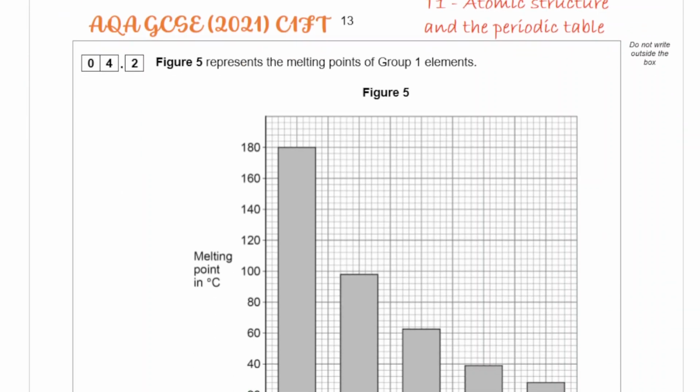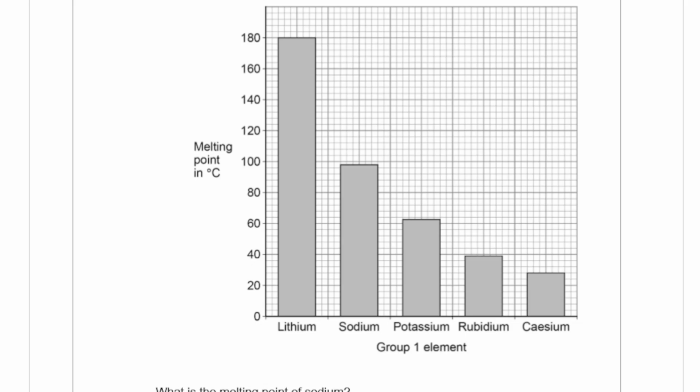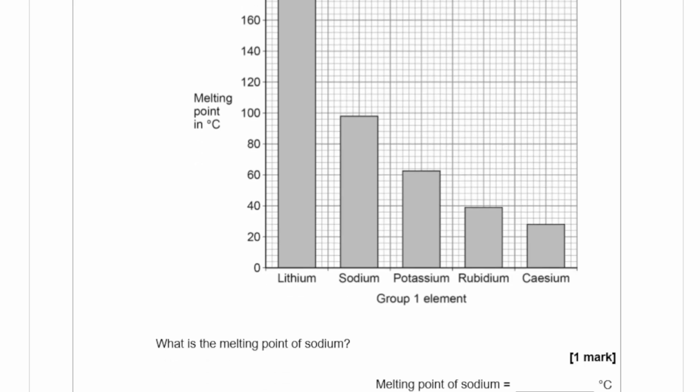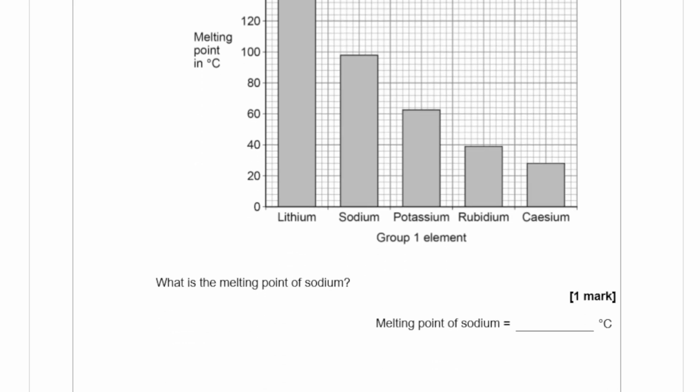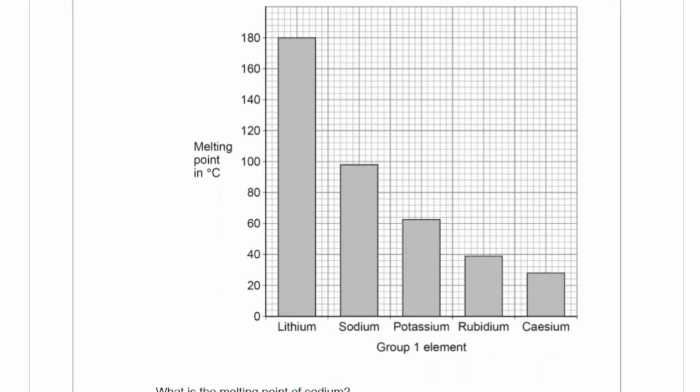Figure 5 represents the melting point of group 1 elements. So you have group 1 elements, lithium, sodium, potassium, rubidium, and cesium. What is the melting point of sodium? That's slightly below 40. Would you write it as 40? No, so sorry, sodium.